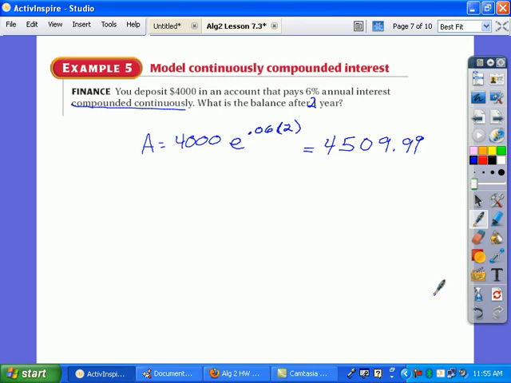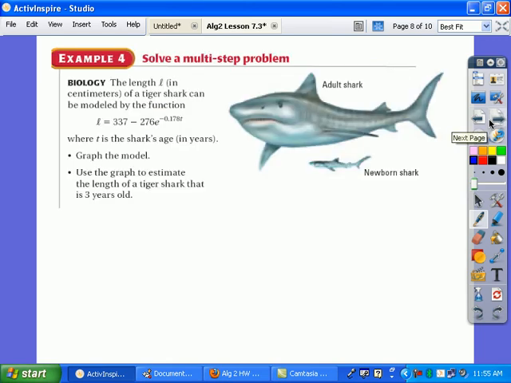There's one more problem in this section. It's the baby shark problem. So look at this baby shark, and they give us this equation right here. They ask us to graph that and use the graph to estimate how long the shark is after 3 years old.